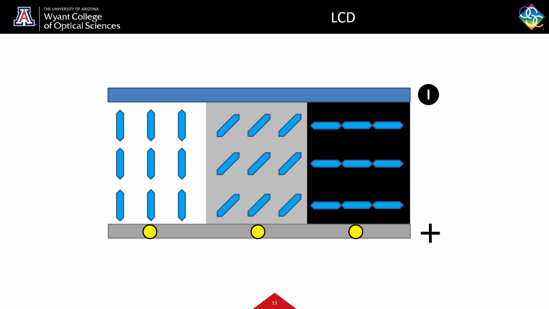Now, this isn't exactly how the crystals move, but the idea is still the same. Depending on the amount of current that we pass through these crystals, we can have a fully on pixel or a fully off pixel, or somewhere in between. And when we do an RGB stack up of this, we can start seeing full color pictures.